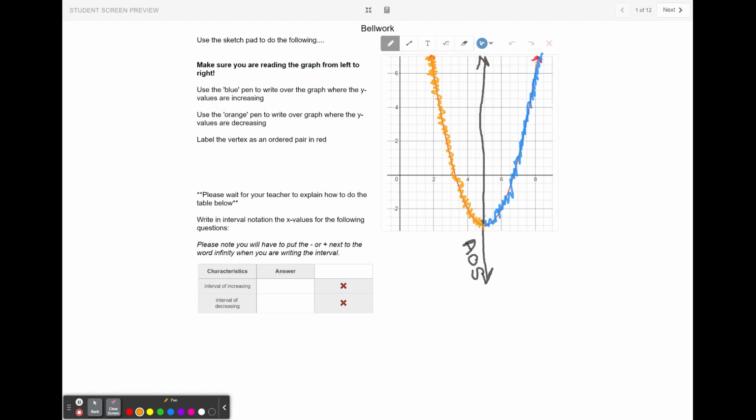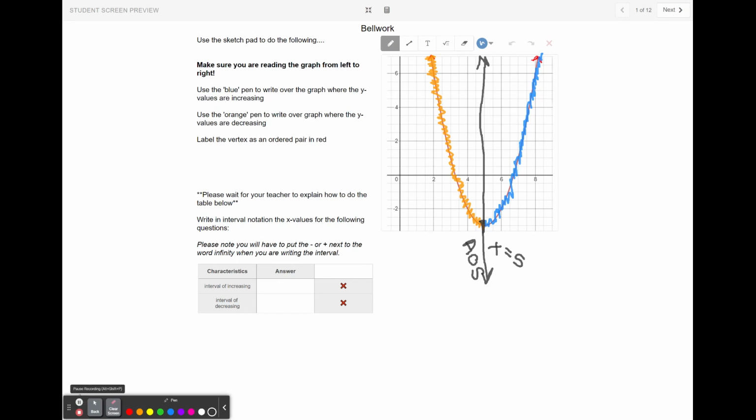Now, the new part is coming up with the interval of increasing or decreasing. So we want to take a closer look at the axis of symmetry. The axis of symmetry is x equals 5. That's the wall. That's where your movement changes.